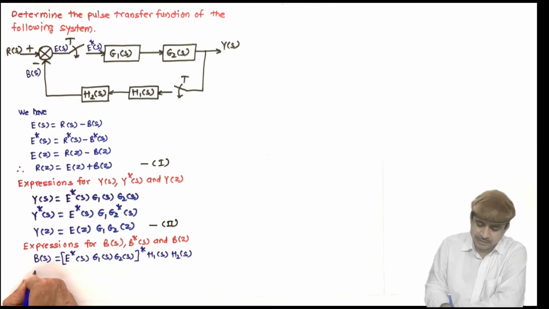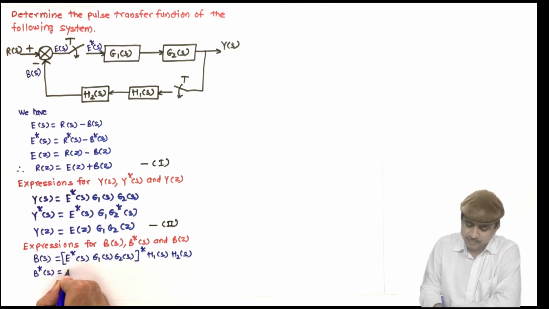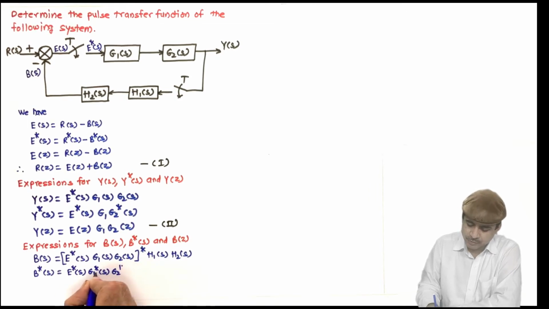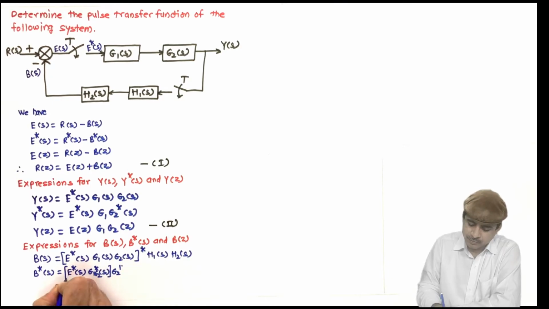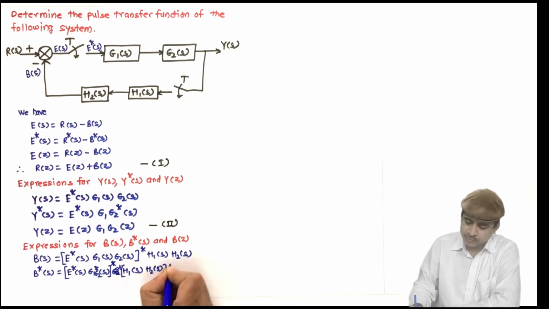And then what will be B*? So star of this means E*, G1G2* whole star, into H1(s) H2(s) whole star.